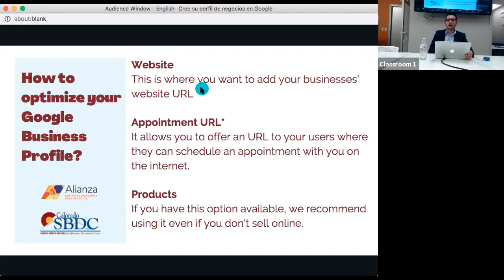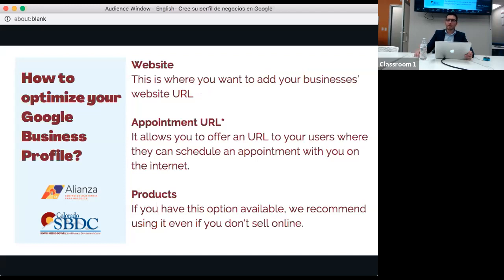So that means that, let's say that you have a location in Denver and you have also another location in Boulder, okay? In your website, you should have a specific page for your Denver location and also a specific page for your Boulder location, okay?